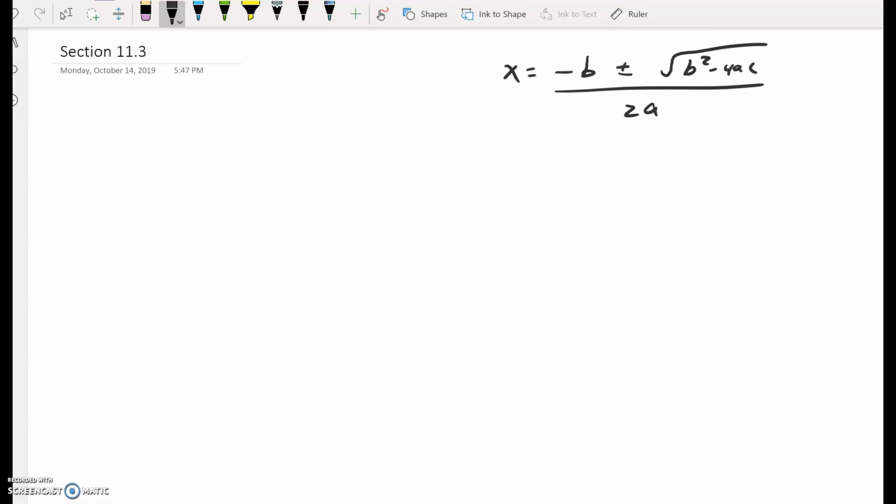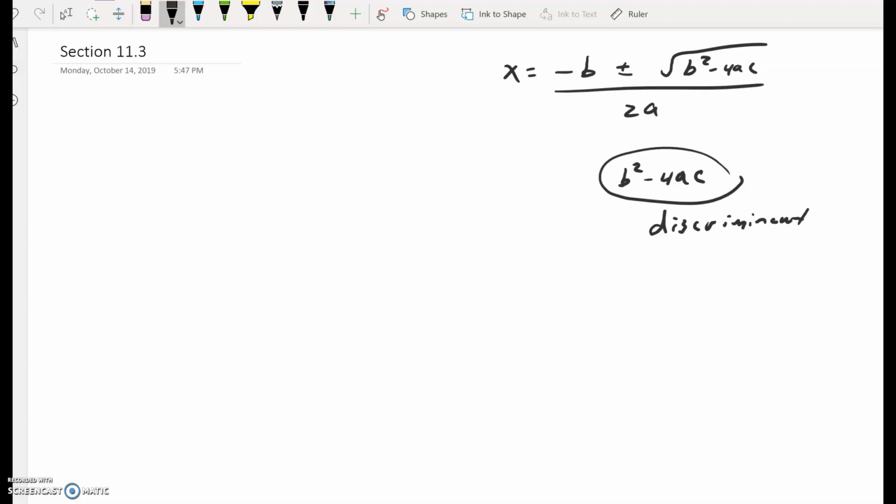If you take a look at the quadratic equation, this piece of it that's inside the square root is called the discriminant. It determines what kind of solutions you're going to have and how many.